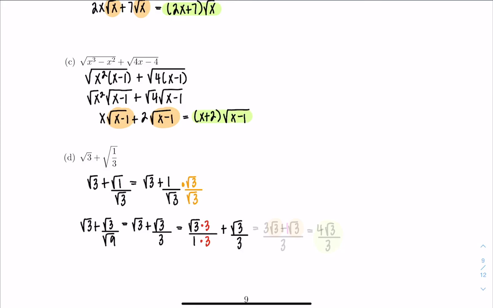And so what we end up getting is 3 square root of 3 plus the square root of 3 all over 3. And we can combine the numerator. There's always a 1 written if it's not actually there. And so this becomes 4 square root of 3 all over 3.